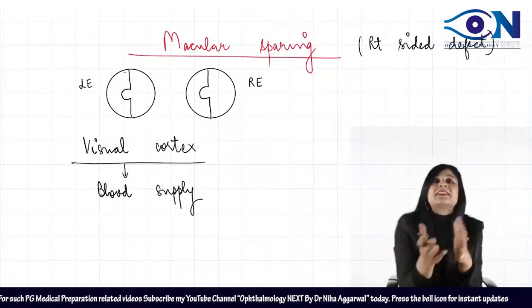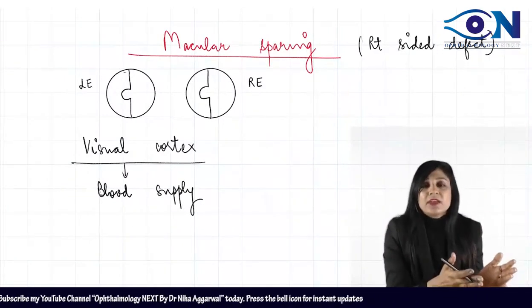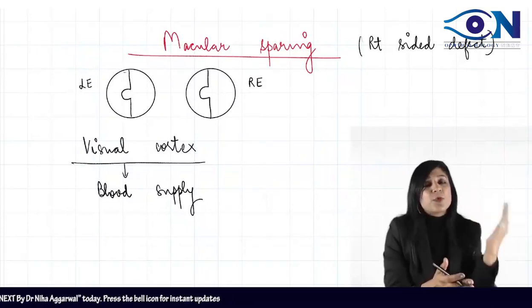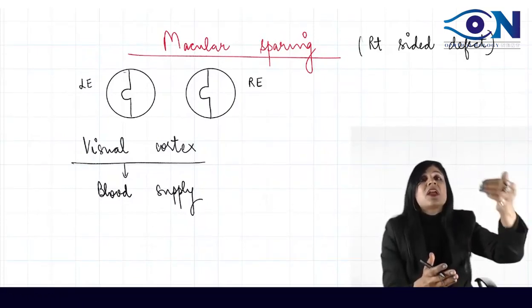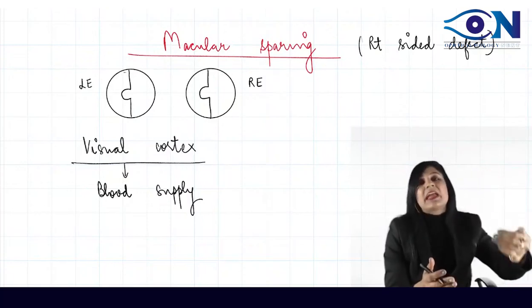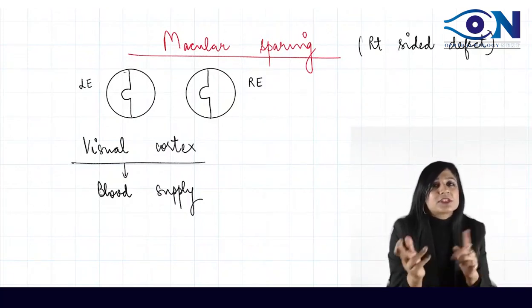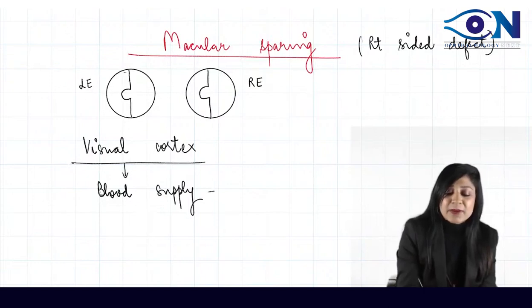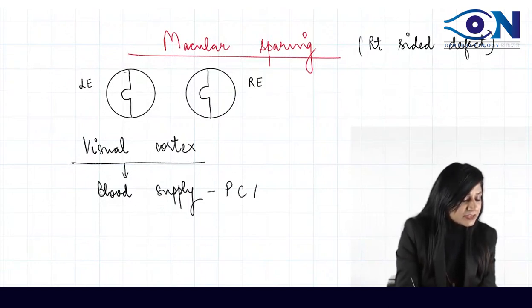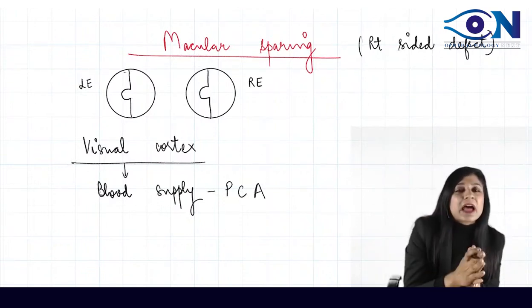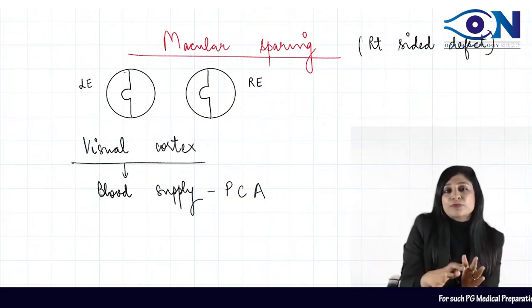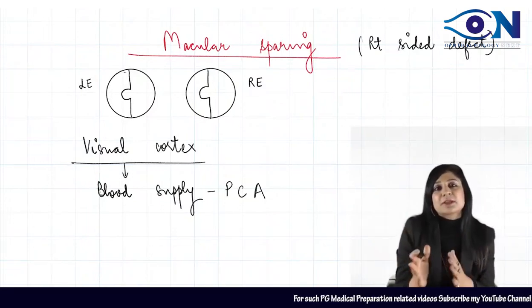Visual cortex lies in the occipital lobe, right? Now occipital lobe means posterior. Remember your circle of Willis. We have anterior cerebral artery, we have middle cerebral artery, and then we have posterior. Therefore blood supply will be by the posterior cerebral artery. Now, posterior cerebral artery supplies all of the visual cortex in the occipital lobe.